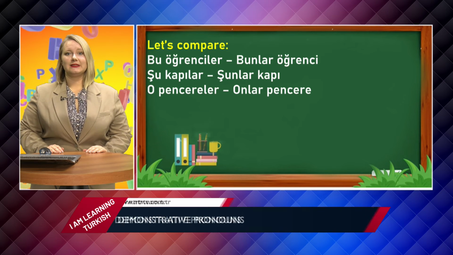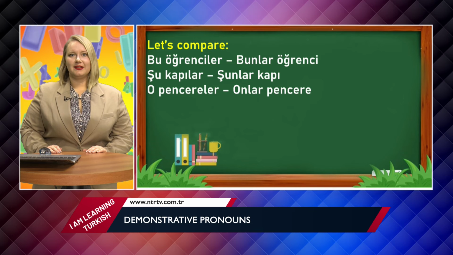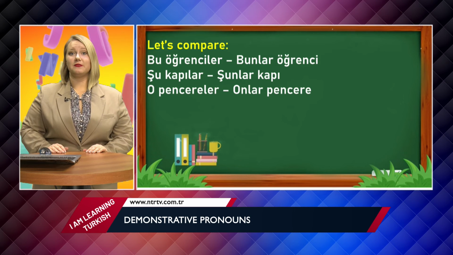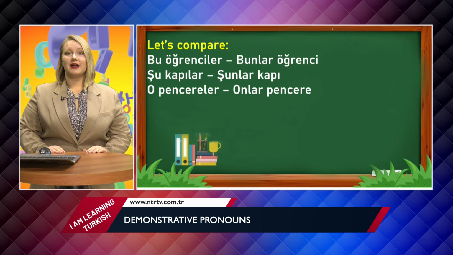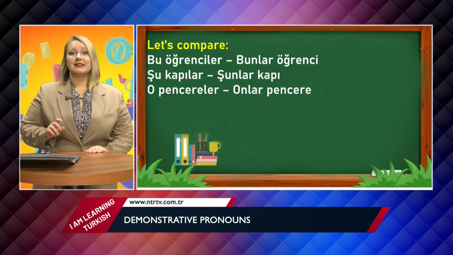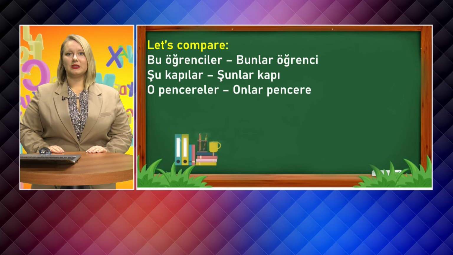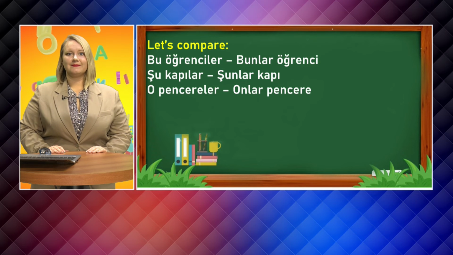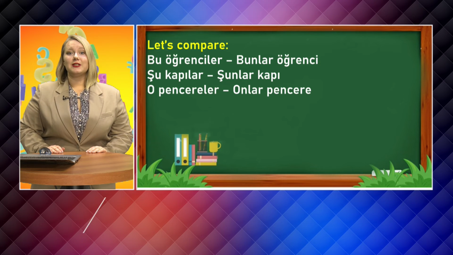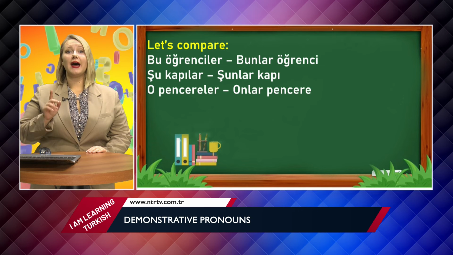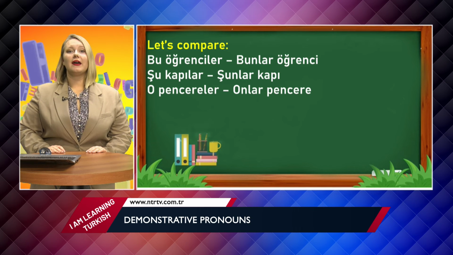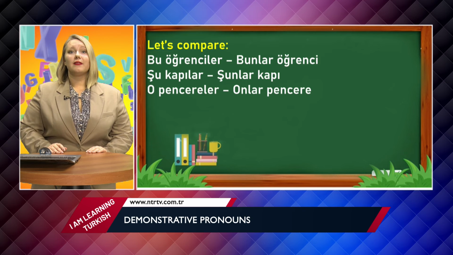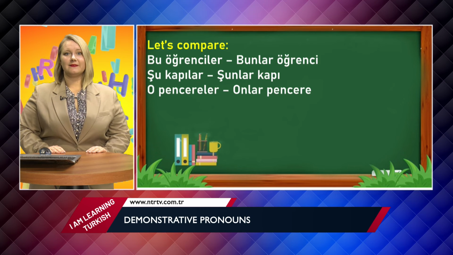As an example, bu öğrenciler and bunlar öğrenci. What was the difference? Bu öğrenciler means these students, and bunlar öğrenci means these are students. Şu kapılar means that doors, and şunlar kapı means that are doors.